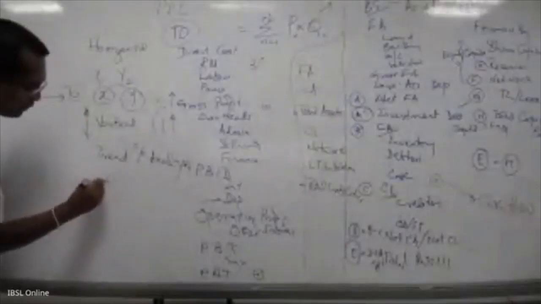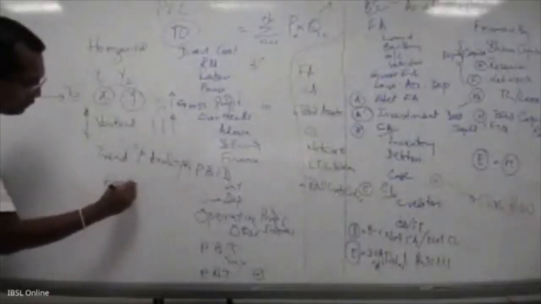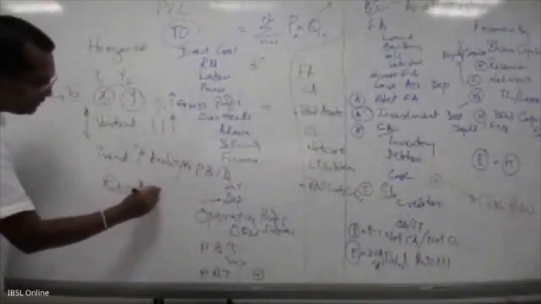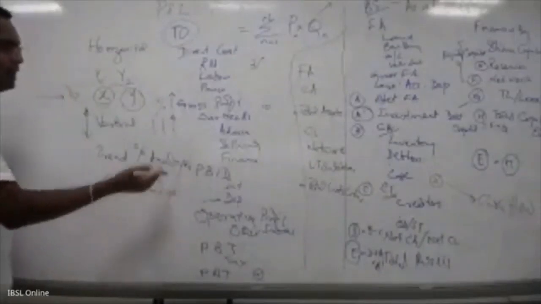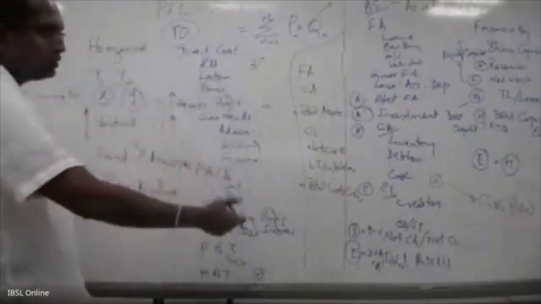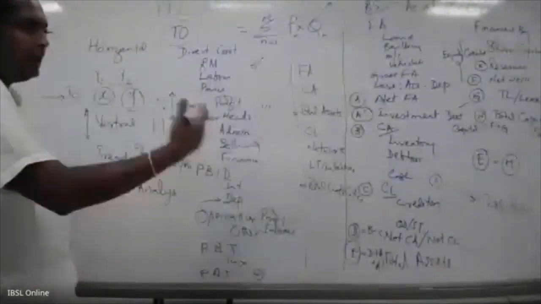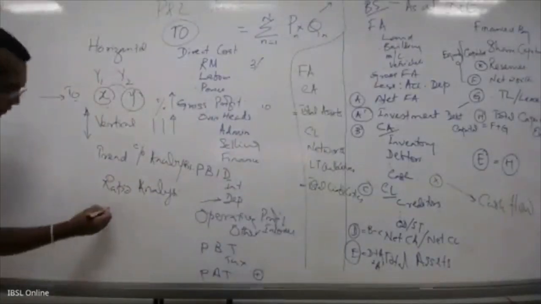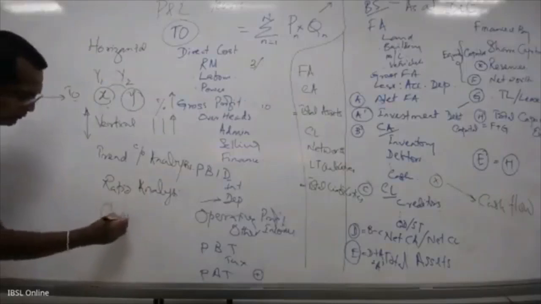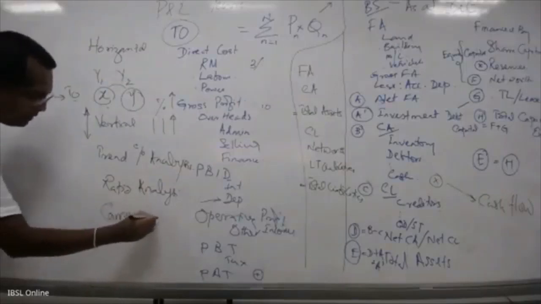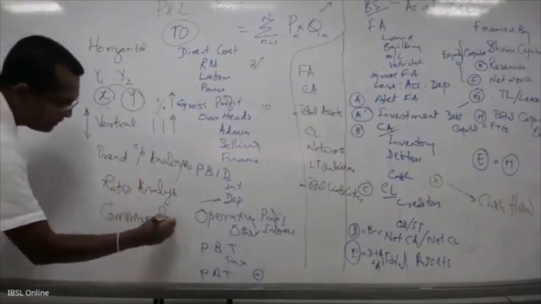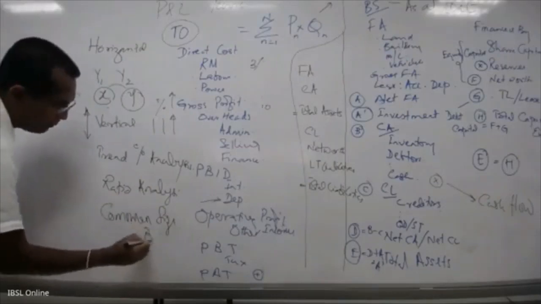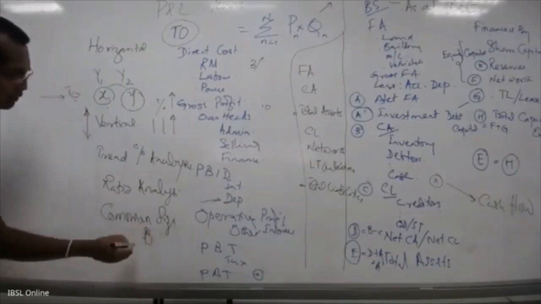Then we have ratio analysis. We have different ratios to be calculated. We will analyze those ratios and interpret those ratios. Then you have common size financial statement, common size.